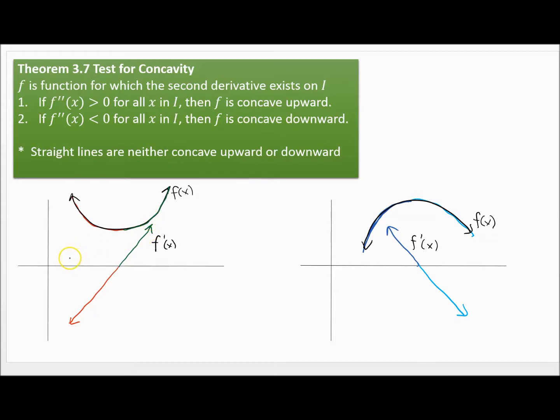No matter what, I'm not considering what the slope of this is, but it's definitely positive all the way through, which means we might have something that looks like that. We're not taking the derivative of that, that's just all positive. So that would be our second derivative, all positive numbers.